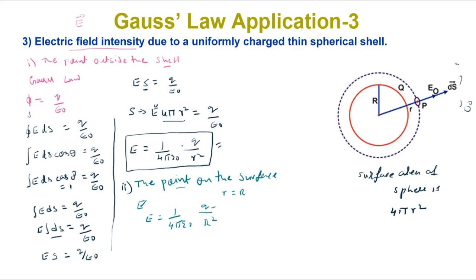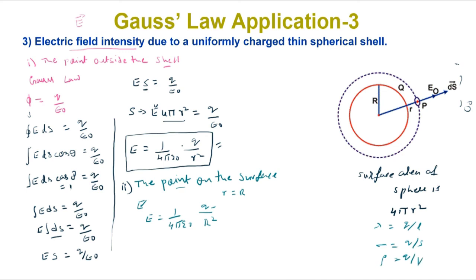Now one small change: we have to identify the charge. I told you in the previous application that linear charge density lambda is equal to q by L, surface charge density sigma is equal to charge by surface area, and volume charge density rho is equal to charge by volume.